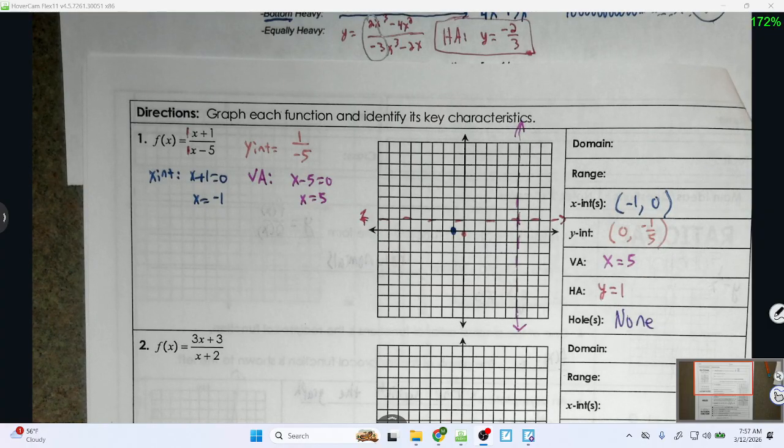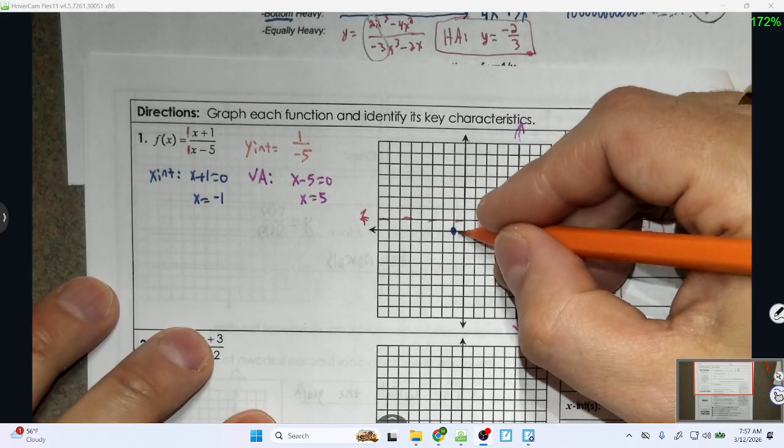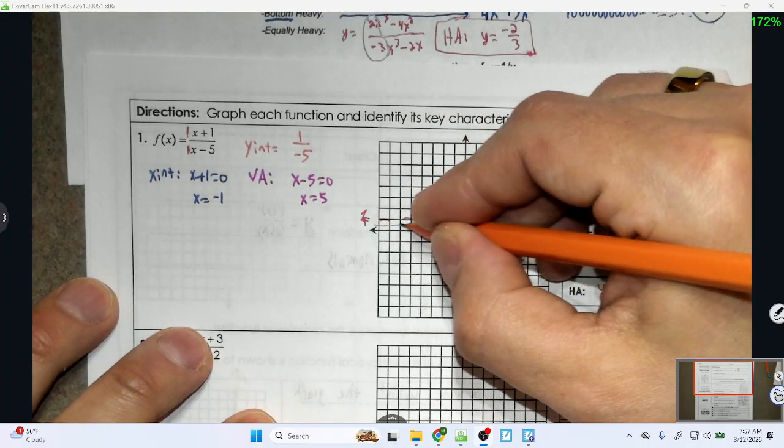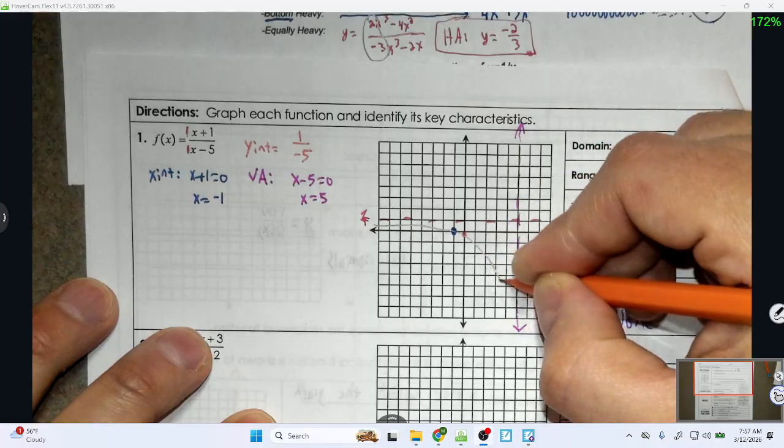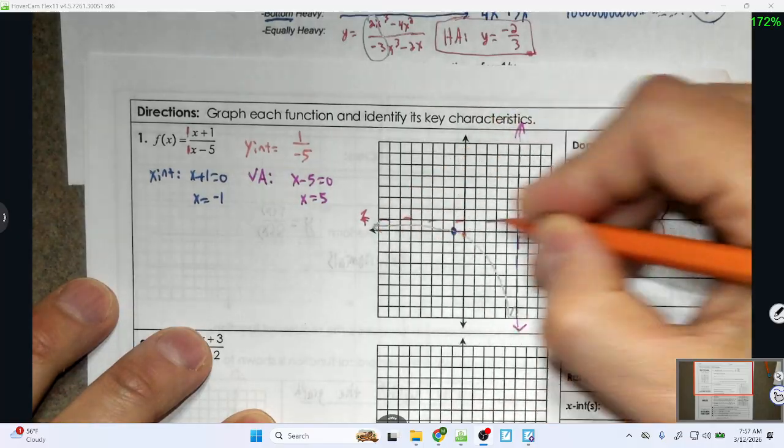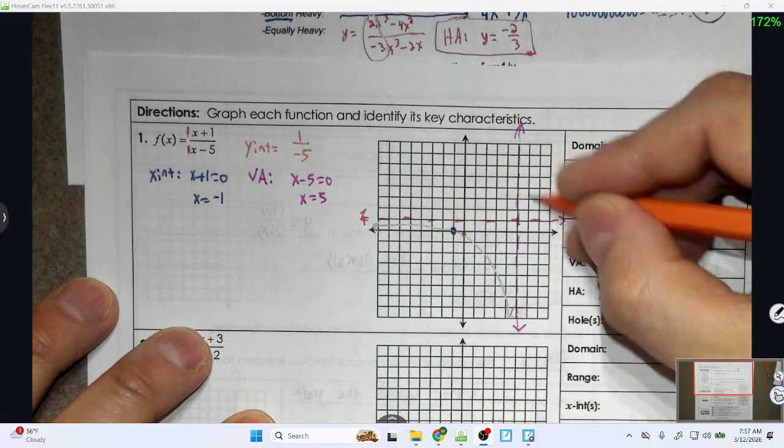So now we have a lot of information. We can kind of graph this thing. It's not great, but we have a dot here, so we're going to hug this line and then go down forever. And then most likely we'll be here.